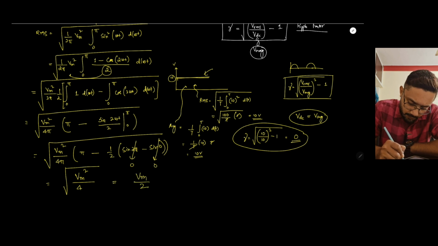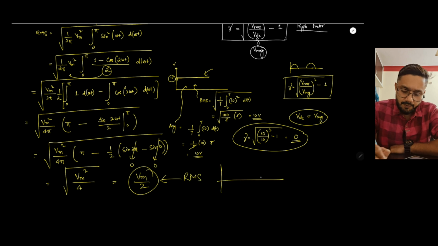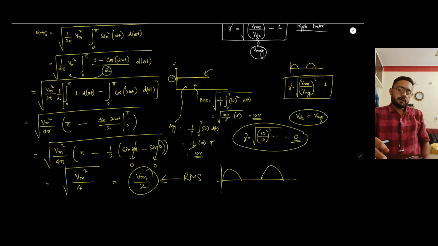So what will be the value? Vm by 2. This is the RMS voltage of the half wave rectified output. Okay.